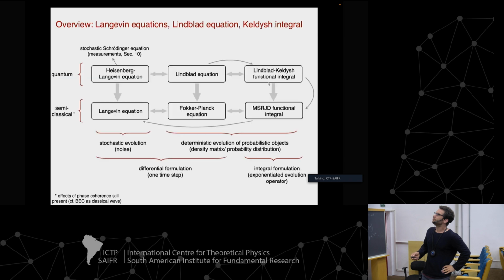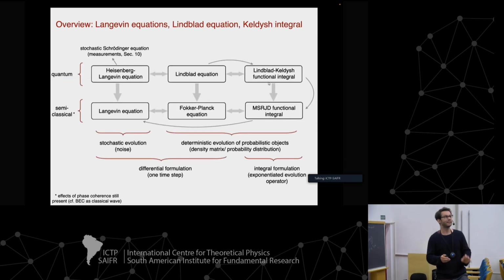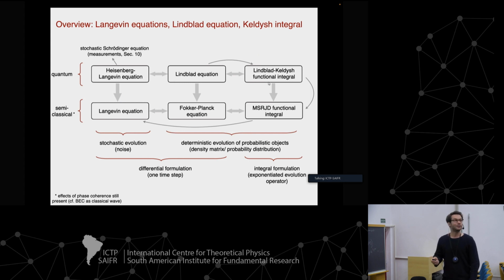Okay, good. So here is a little bit of an upshot and an overview of what we did so far. That's maybe a point that seems important to me: an overview of how different approaches relate to each other. We started from the Lindblad equation. We mapped this into an equivalent Lindblad-Keldysh functional integral.